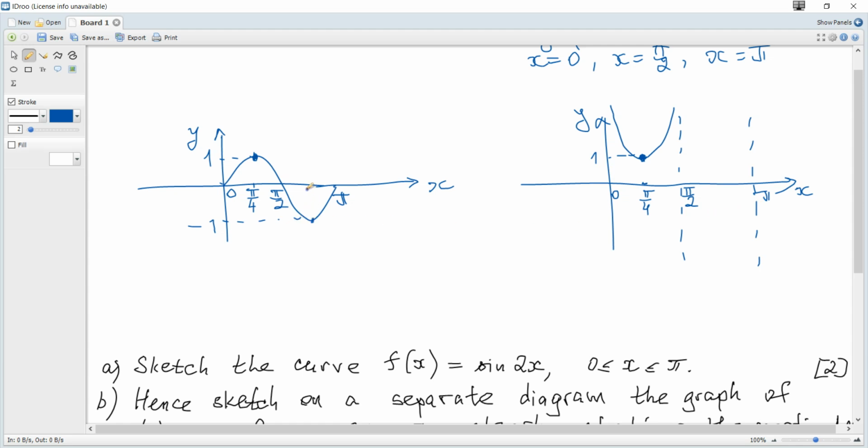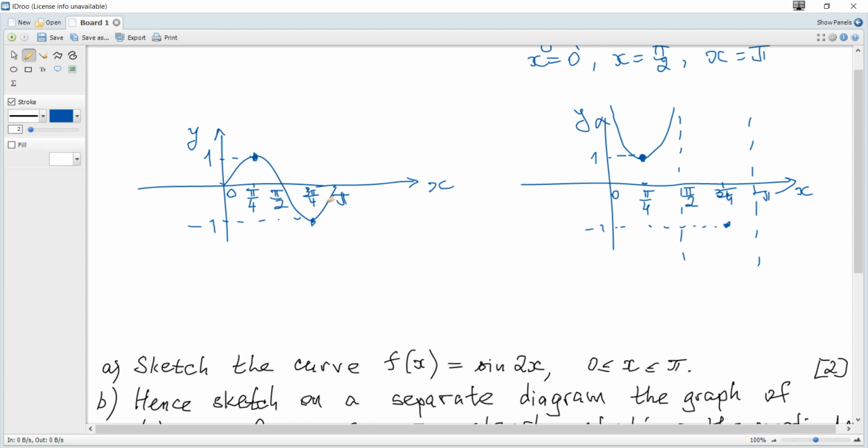Similarly this point is 3 pi over 4, and y is -1, and it becomes 1 over -1, also -1, so this point becomes 3 pi over 4 and -1.